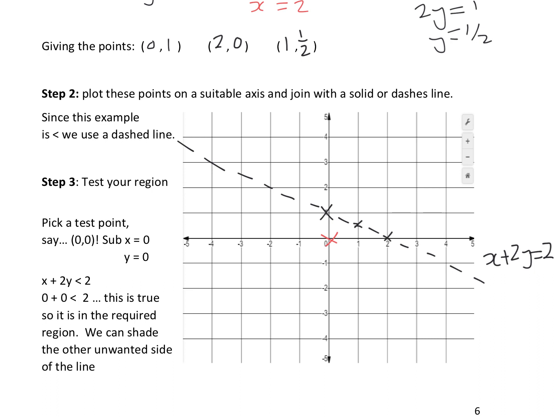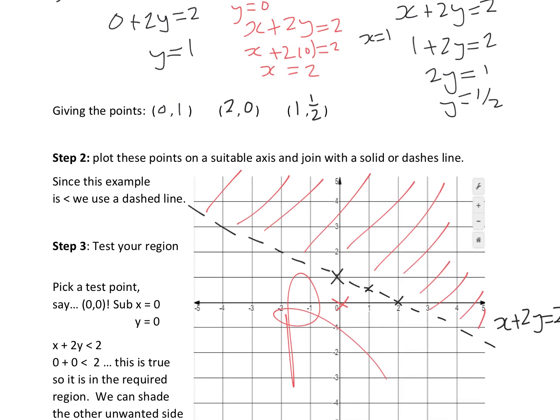So we can put down, this is the right side, the required region. And then we can shade or discard the other side. If you tested any point in here and put it into this inequality, it wouldn't be true. Okay? So I've just done 0, 0, but you could test any point here and it would always be right. Test any point in here, it would always be wrong.